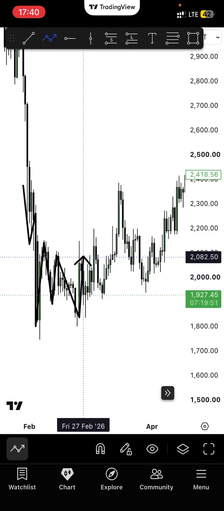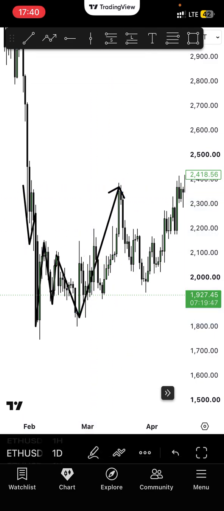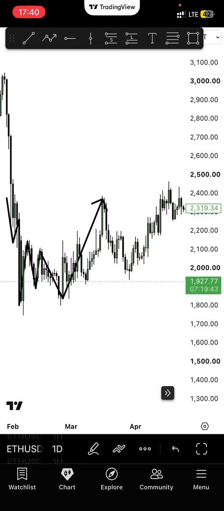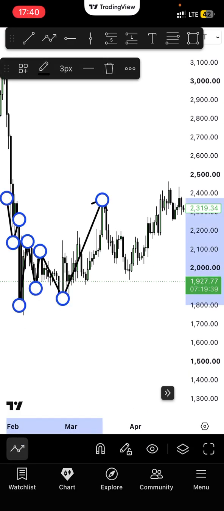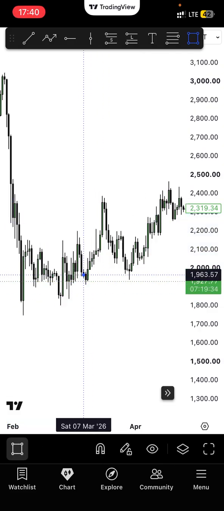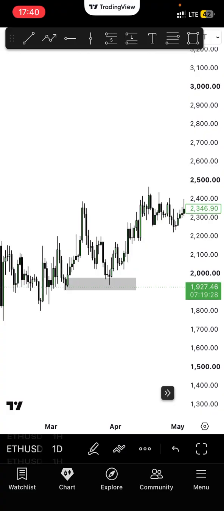This thing that happened here now is a market structure shift. I hope you are getting it. This thing that happened here is a market structure shift, and after that market structure shift happened, I wait for price to come back to the origin of the move and then I look for my entry on the lower time frame.